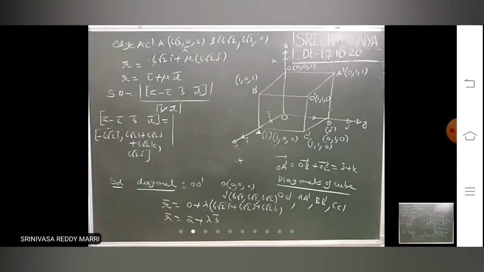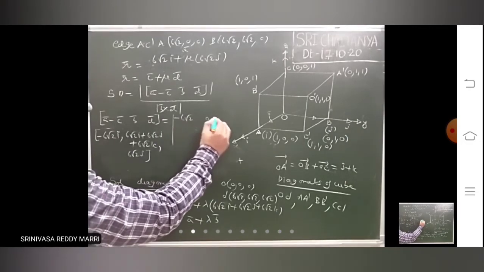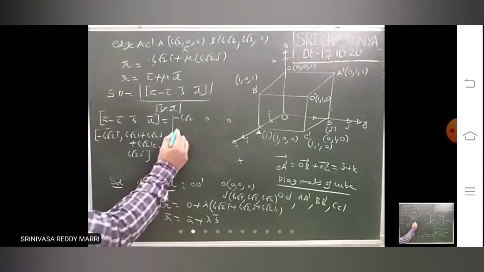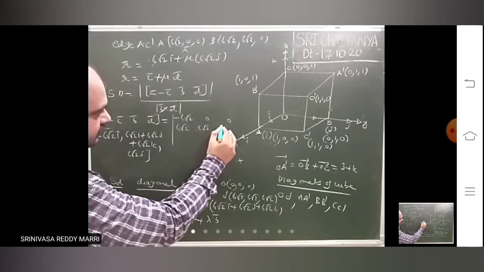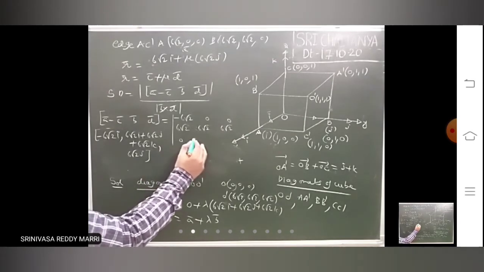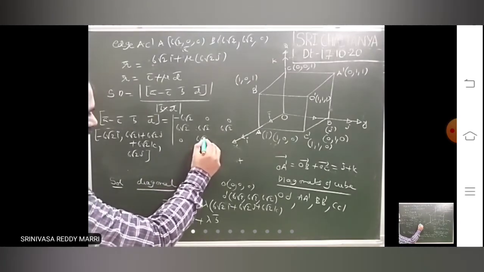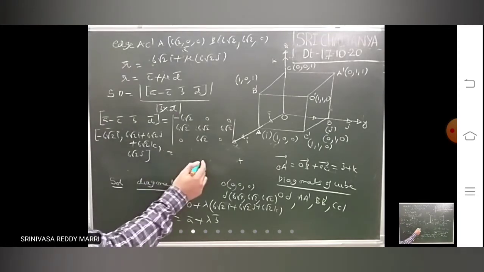6 root 2j. Right? So I am writing here, look at minus 6 root 2, 0, 0, 6 root 2, 6 root 2, 6 root 2. So 0, 6 root 2, 0. Right? Let us calculate this one.